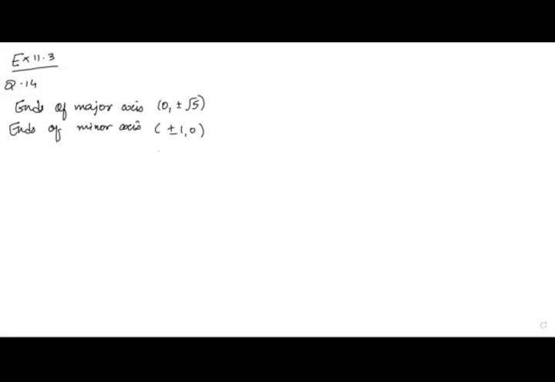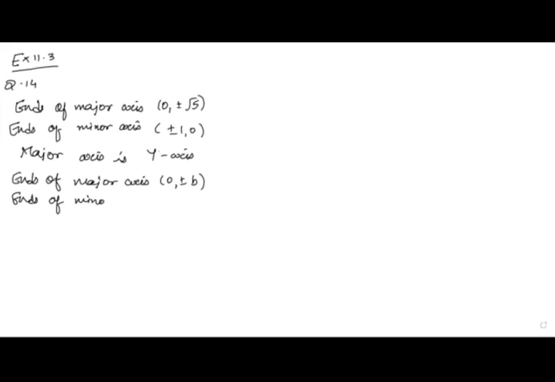As your major axis is on y-axis, ends of major axis in this case is 0, plus minus b, and ends of minor axis in this case is plus minus a, 0. So on comparing, I will get the value of a and b. The value of b is root 5, whereas the value of a is 1.